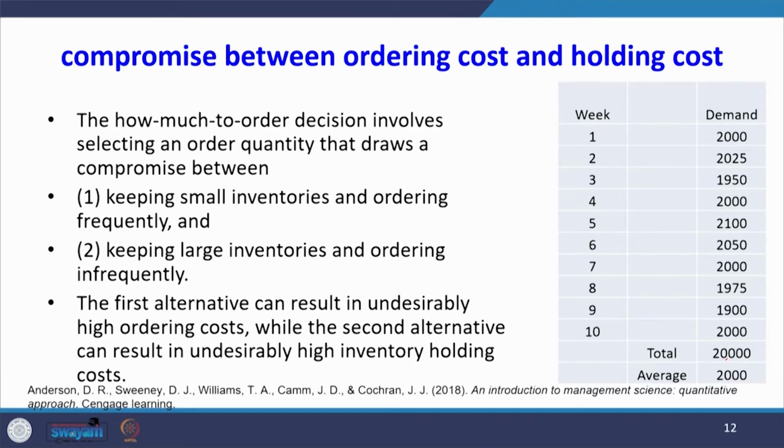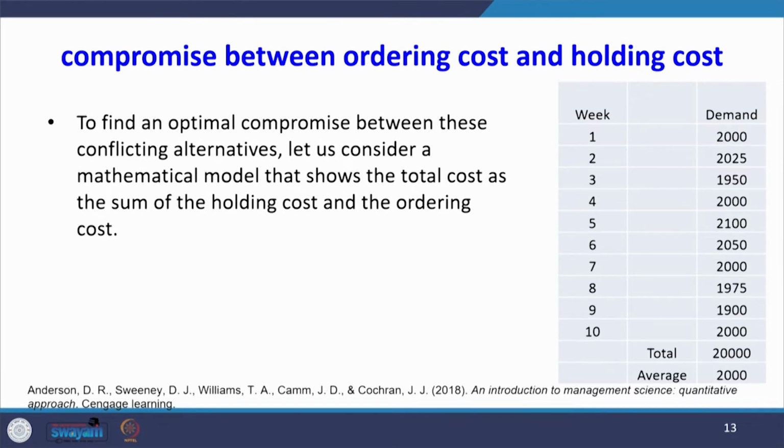That is what we are going to do now. So, to find an optimal compromise between these conflicting alternatives, what are the conflicting alternatives? High ordering cost and high holding cost. Let us consider a mathematical model that shows the total cost as the sum of the holding cost and ordering cost. Total cost is total inventory cost.